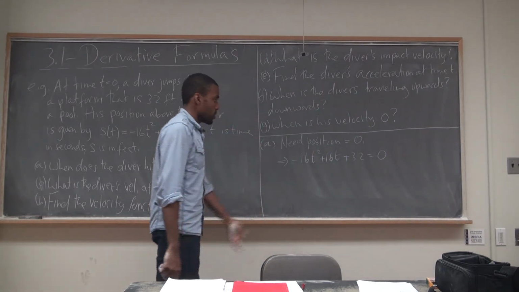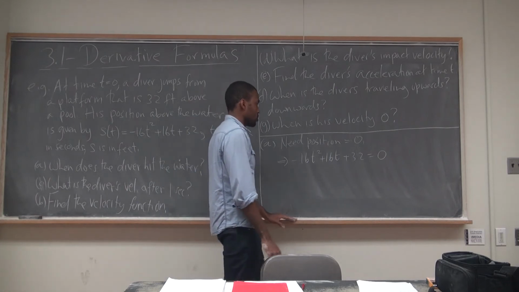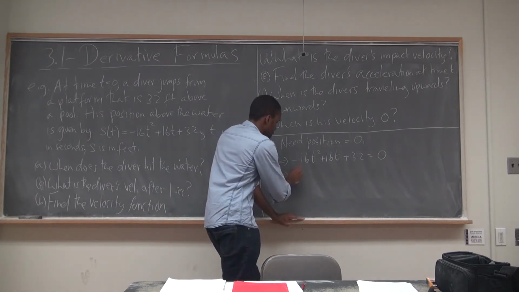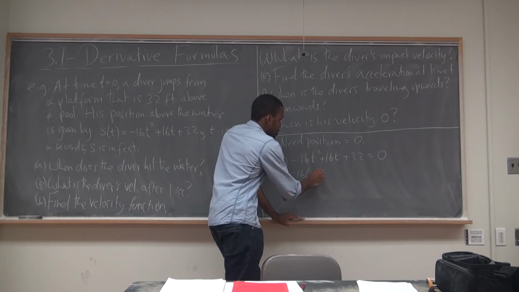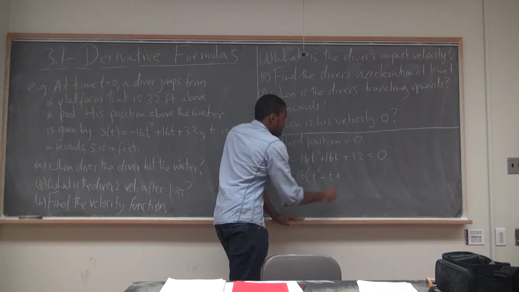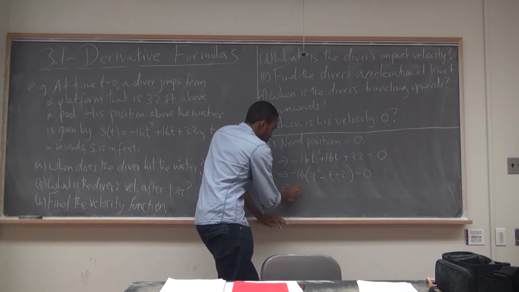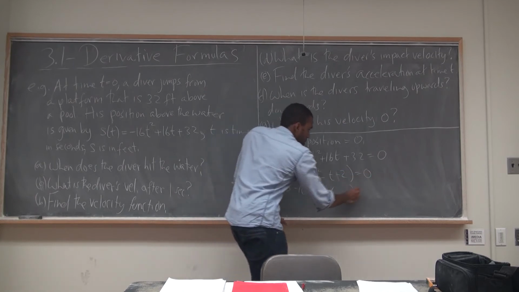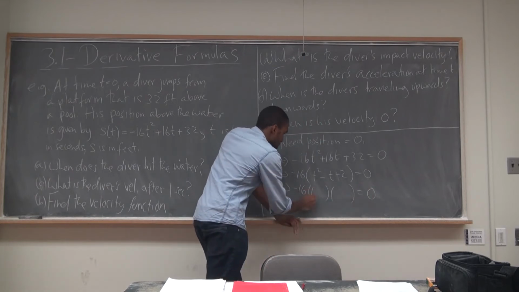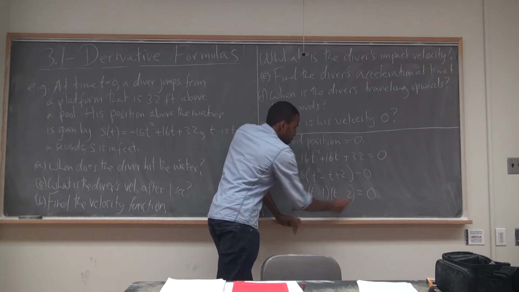Factor it. I'll take out a negative 16. I end up with t squared minus t minus 2. Does that factor? It'll have to be a 1 and a 2 if it does.